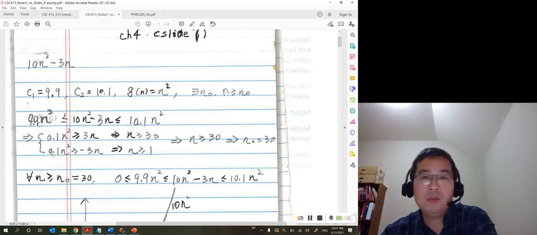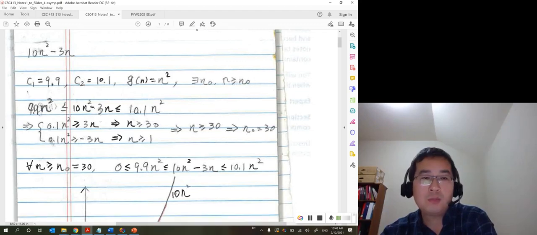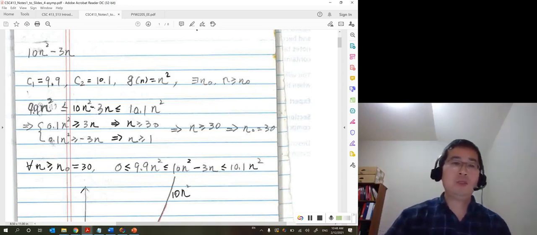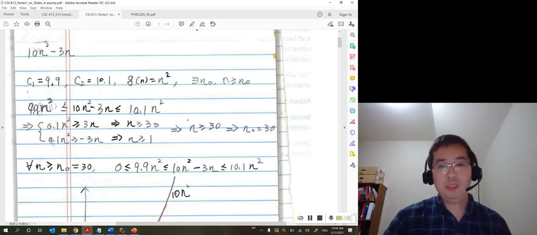We chose this one first, and then by definition we can write there exists n0 such that if n is larger or equal to n0, this holds. So 10n squared minus 3n, the f of n, is larger or equal to c1 g of n, okay? c1 g of n, and less or equal to c2 g of n. So lower bound, upper bound. That's why if we can use the same g of n, then that is the tight bound.